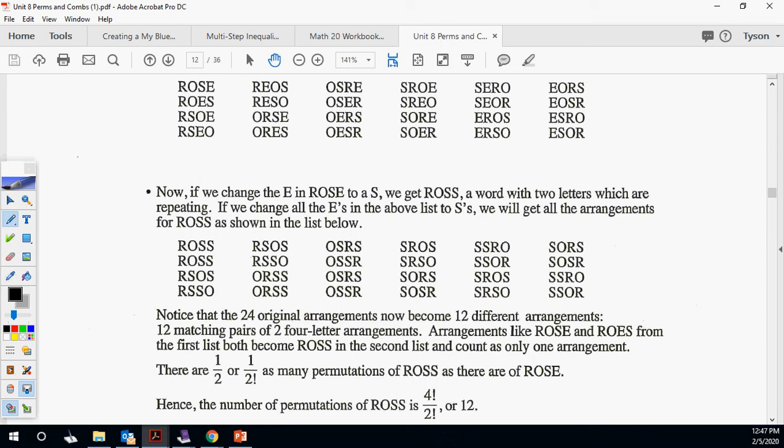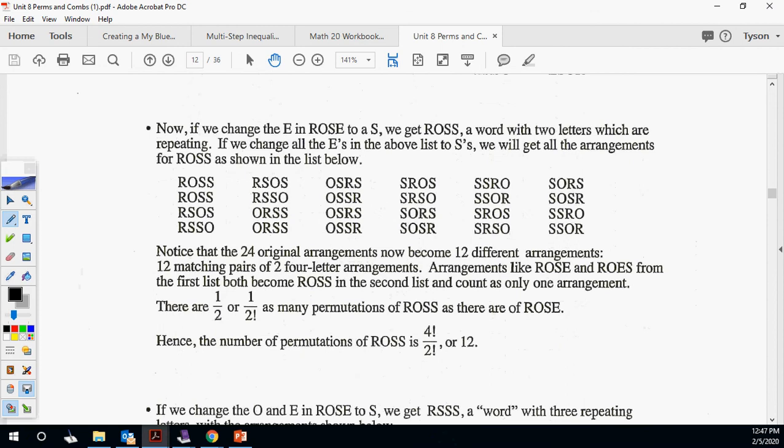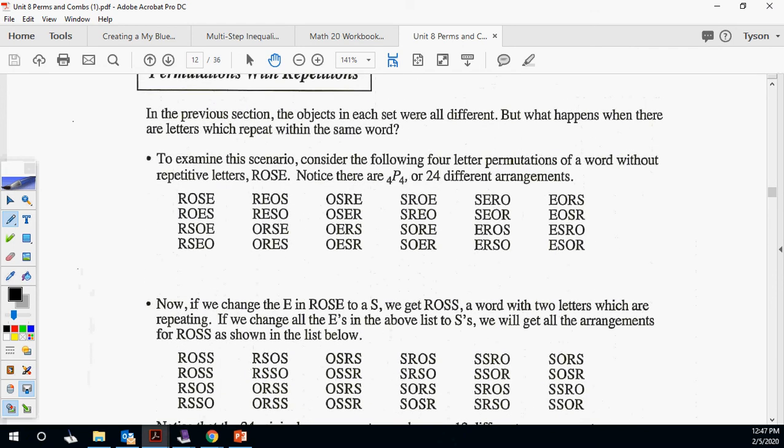So my basic point to you is whenever you're doing an arrangement of letters with permutations, make sure that you account for letters being repeated, anytime a letter is repeated. Let's go to this first part here. When you do an arrangement of 4 letters, you get 24. So 4 pick 4, 4 permutation 4.